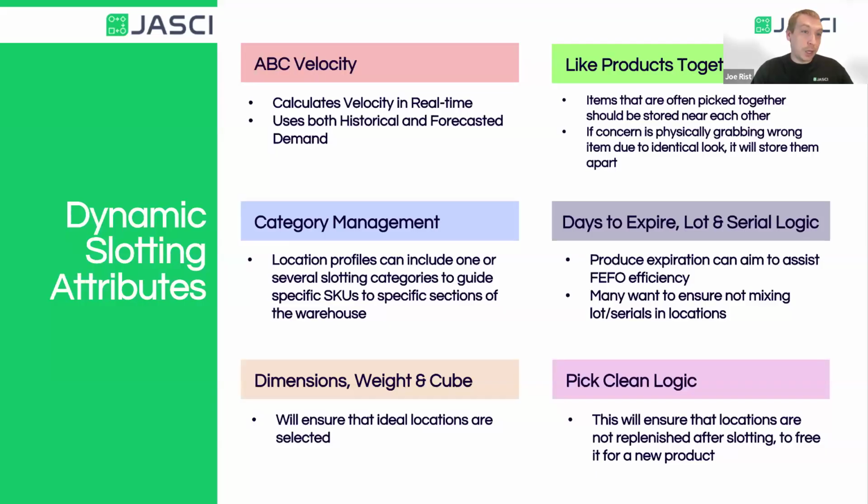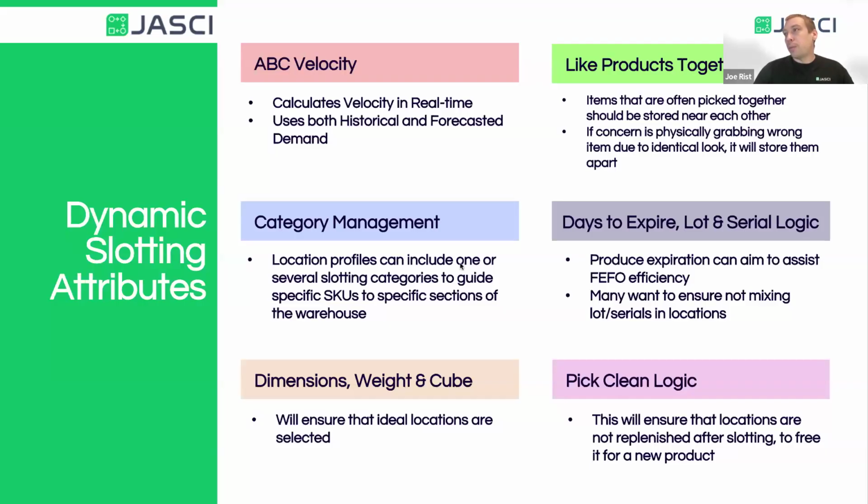So pick clean is a really nice feature that JASCI has to help control, limiting the system direction to that location if you're anticipating new SKUs. And also, during the allocation for orders, if we have a pick clean location for that SKU, we're going to favor that location so you can clear it out faster.